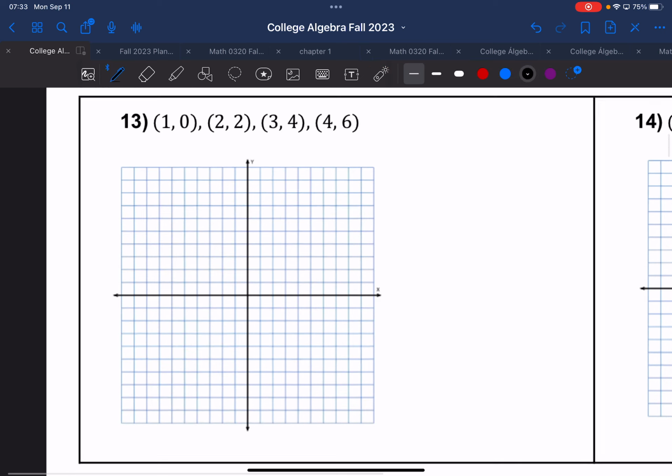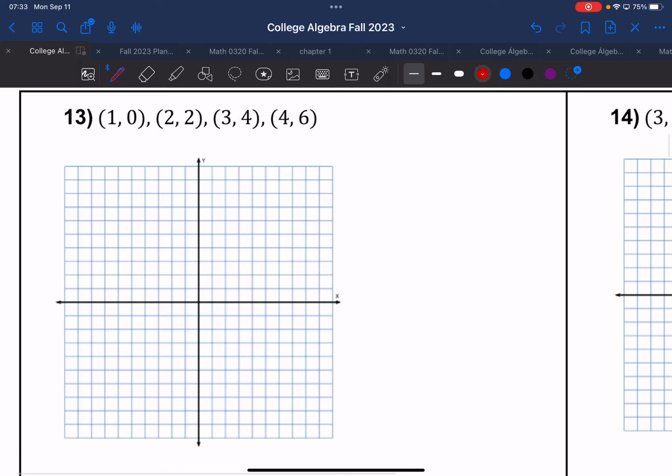So I'm going to go ahead on number 13 and plot these points. So we have 1, 0, so 1 on the x's, 0 on the y's. 2, 2. 3, 4. And then 4, 6. Okay, so those are all of my points.